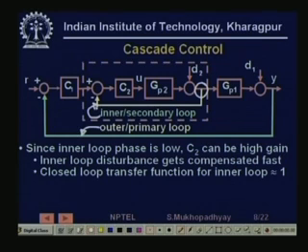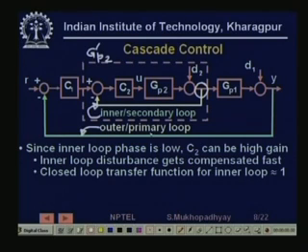Firstly, if you look at it from the primary loop point of view, previously in the loop there was C1, GP2 and GP1. Now in place of GP2 you have GP dashed 2, which is the closed loop transfer function of this inner loop. Previously you had only this GP2. So what is the difference between G dash P2 and GP2?